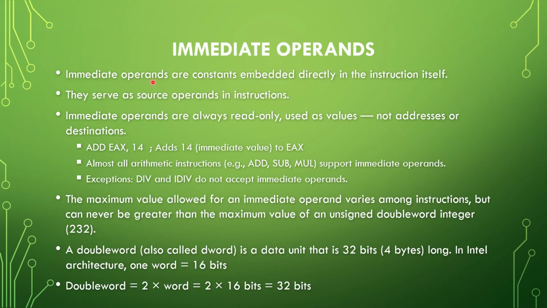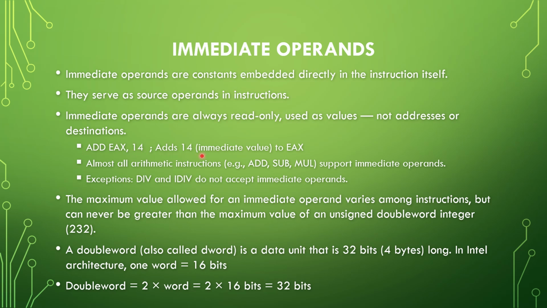Immediate operands are constants embedded directly in the instruction itself, and they serve as source operands in instructions. Immediate operands are always read-only, used as values and not addresses or destinations. For example, ADD EAX, 14.